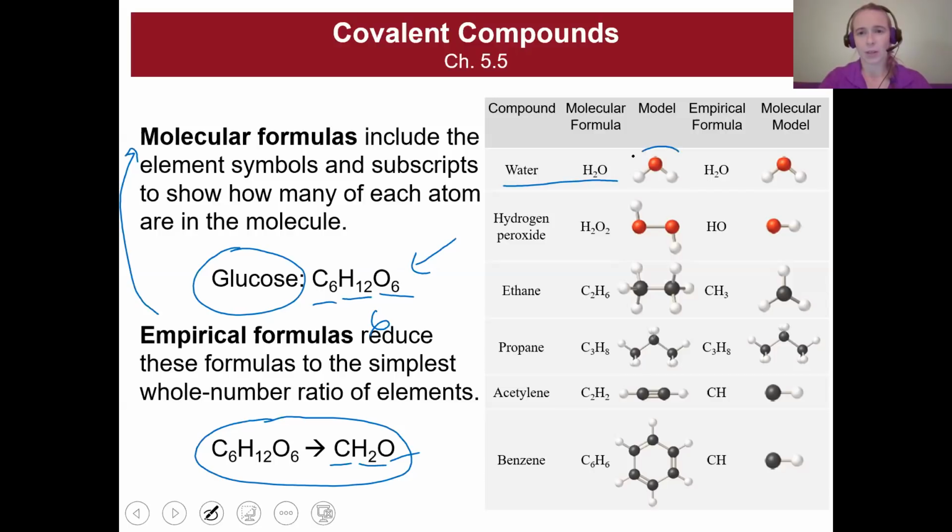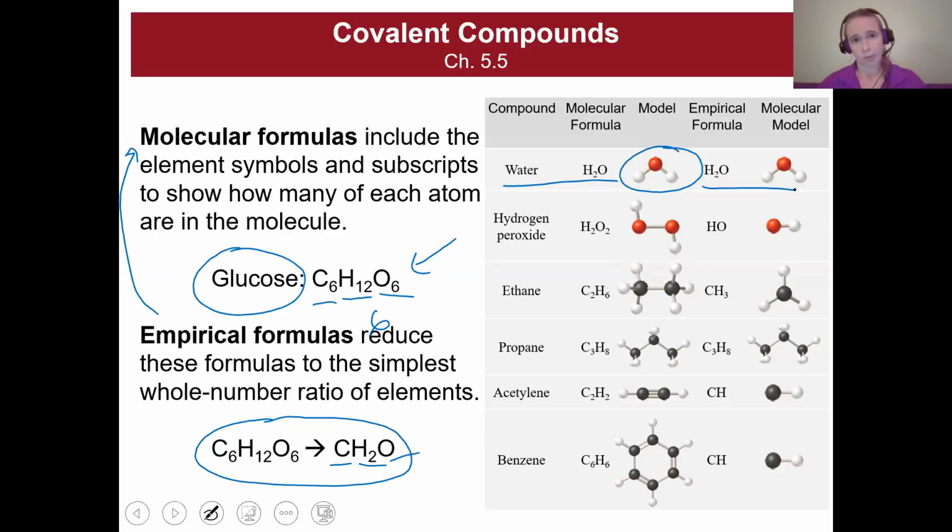And this is what a model of H2O looks like. The one oxygen atom is the red ball, and the two hydrogens are off the side of the oxygen. And the empirical formula is the same as the molecular formula. So sometimes that happens where H2O is the simplest whole number ratio of the elements, so it's the same.